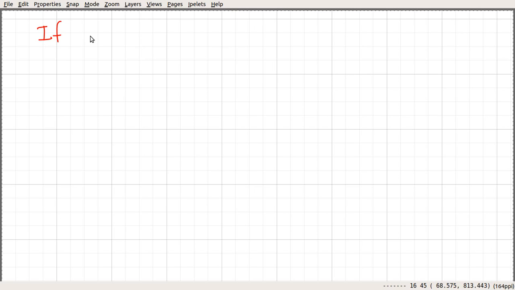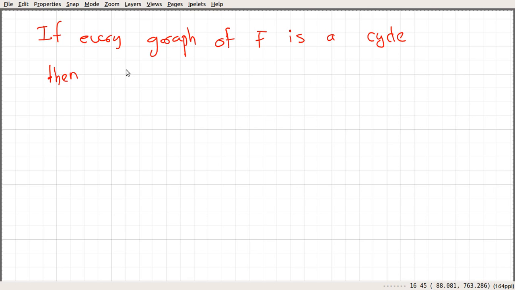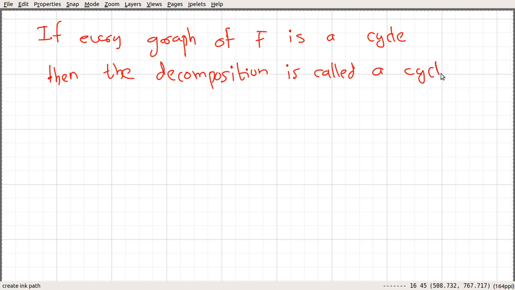So this is the definition of a cycle decomposition: if every graph of our family F is a cycle, then the decomposition is called a cycle decomposition.